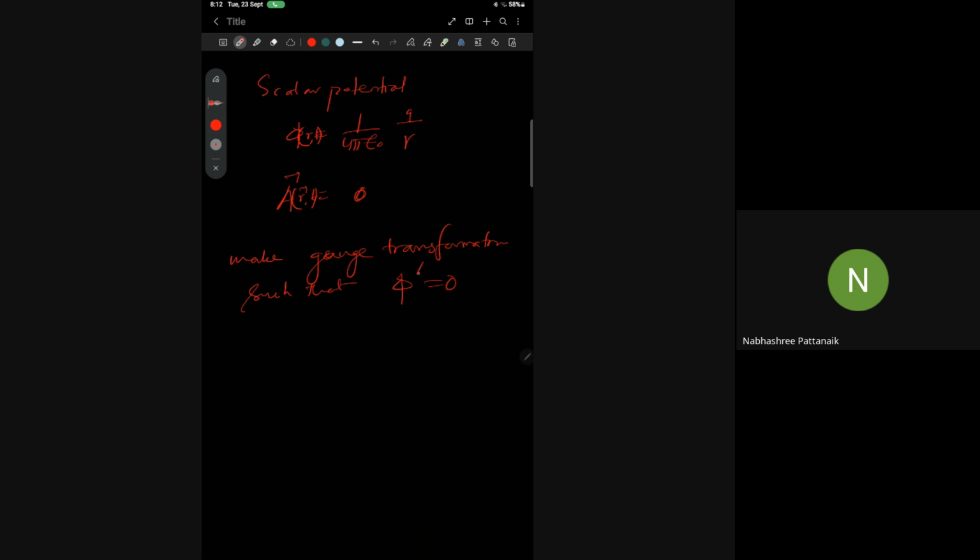Phi becomes 0 means phi prime becomes 0.